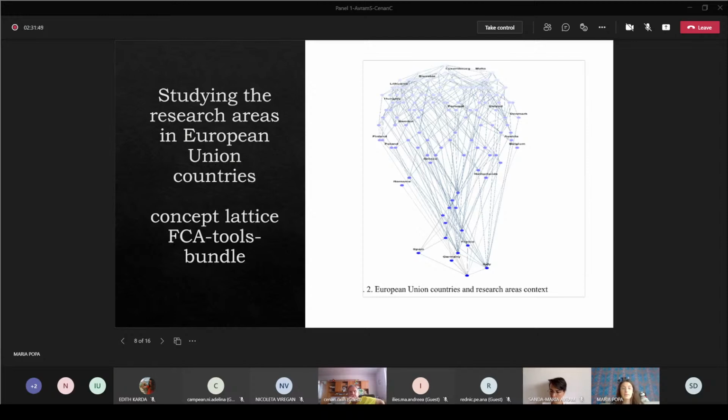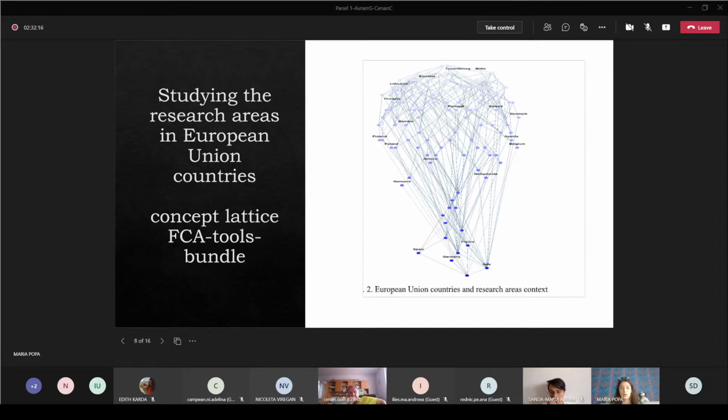As you can see, using the FCA tools bundle, we generated a concept lattice. What is interesting in this concept lattice is that it is basically like a graph, and each node represents a formal concept. If you look at Poland, Poland is a formal concept. Which are the objects for this formal concept? If you go downwards on the edges from Poland, we find the objects.